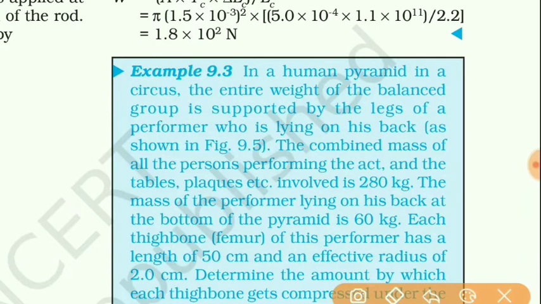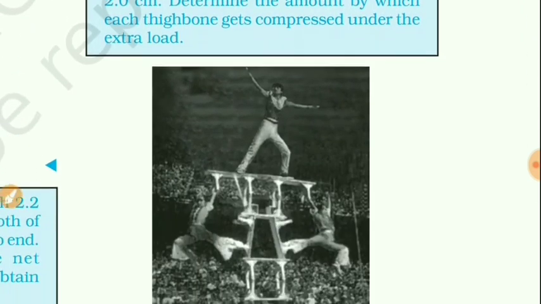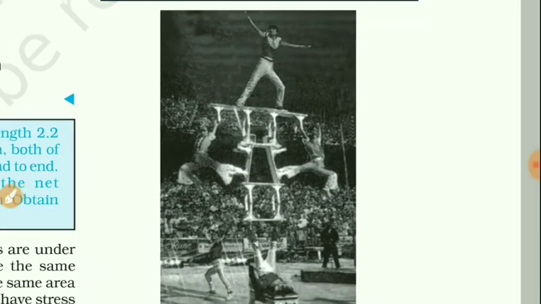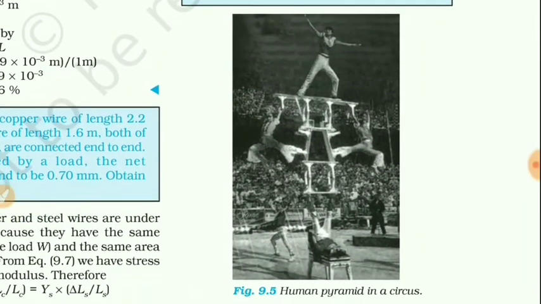Now example number 9.3. Here it is given that in the formation of a human pyramid, students, in a circus, this type of act is shown. This is called a human pyramid.